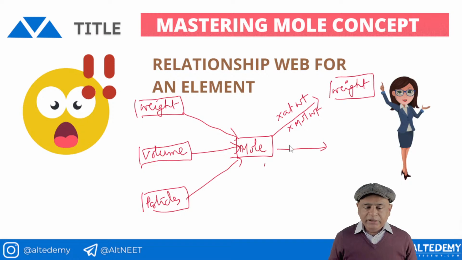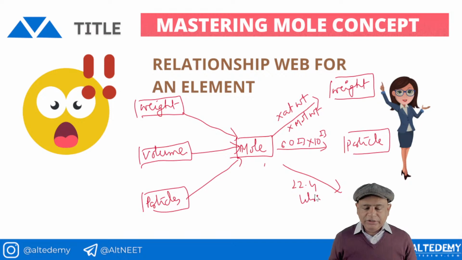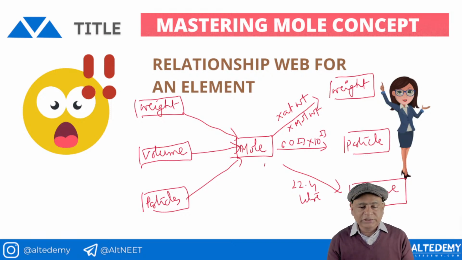Multiply it by 6.023 into 10 to the power 23, you will get the particles of that substance. Multiply it by 22.4 liter, you will get the volume of the substance. Look, I would like to explain the logic of this, making this a relationship web.